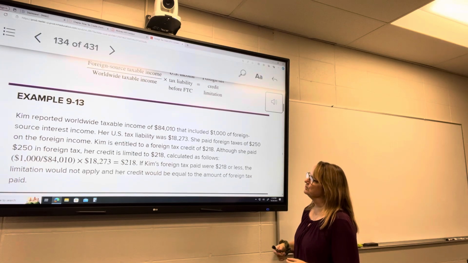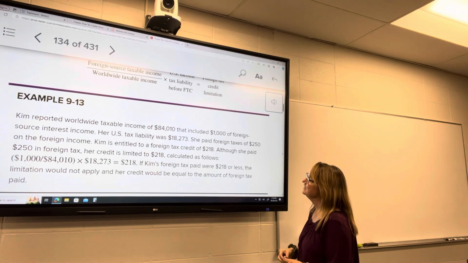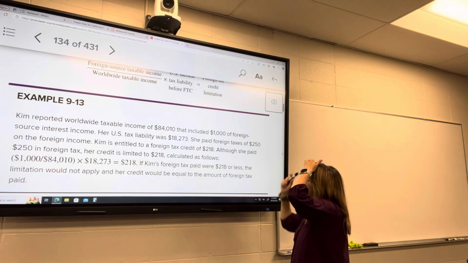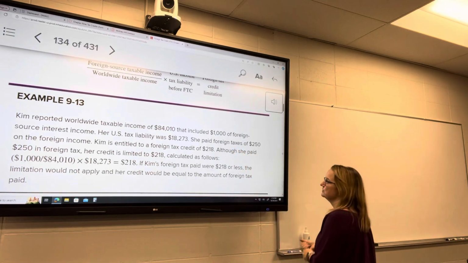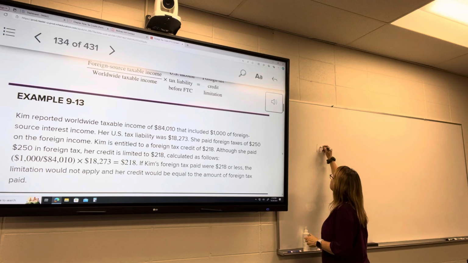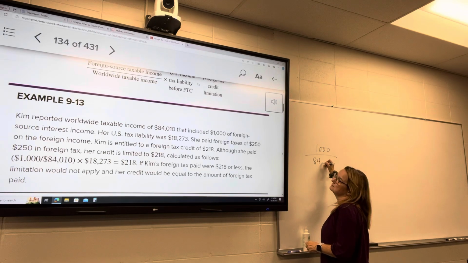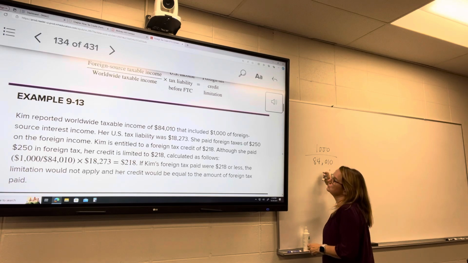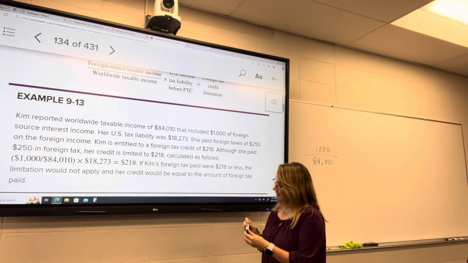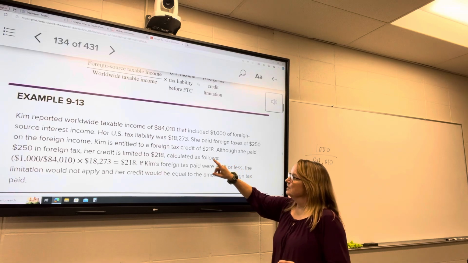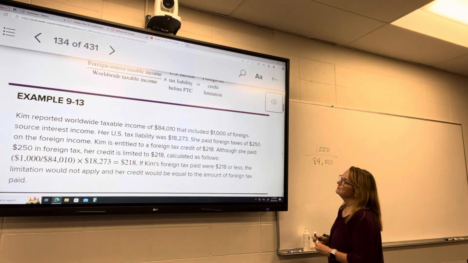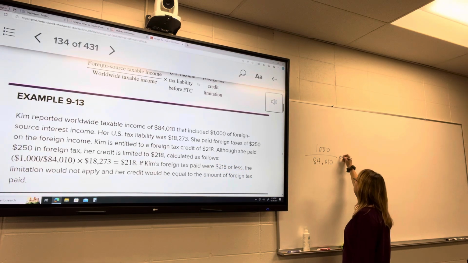So Kim reported worldwide taxable income of $84,010. This included $1,000 of foreign source income. So if we look at this, foreign source income, 1,000, divided by 84,010. So there's our worldwide income. US tax liability was $18,273.